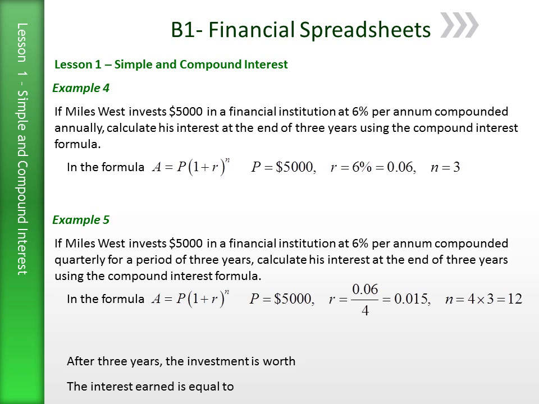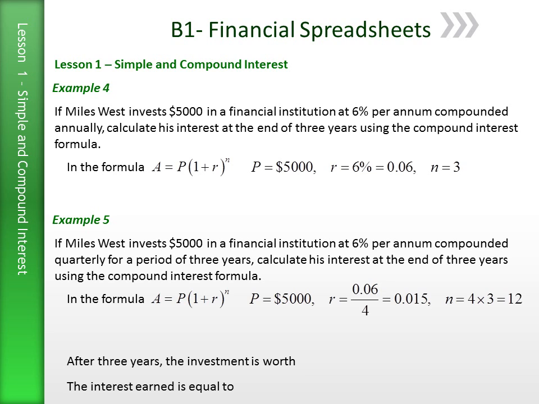If Miles West invests $5,000 in a financial institution at 6% per annum, compounded annually, calculate his interest at the end of 3 years using the compound interest formula. This is straightforward. We're dealing with per annum. There's nothing fancy here. So we have our formula A equals P(1 plus R) raised to the n power.